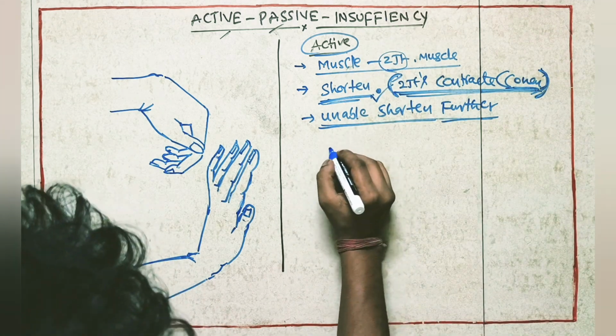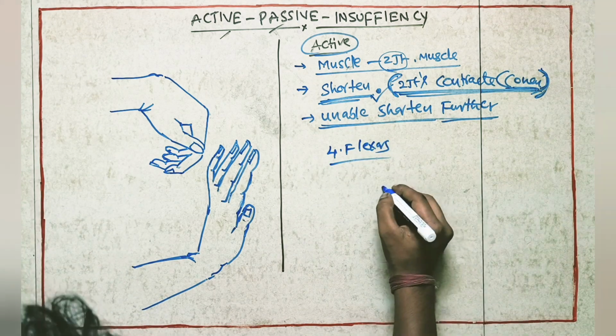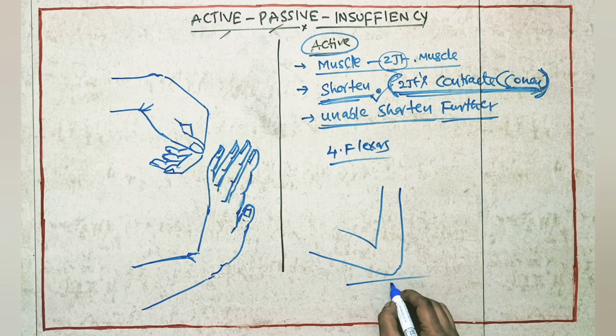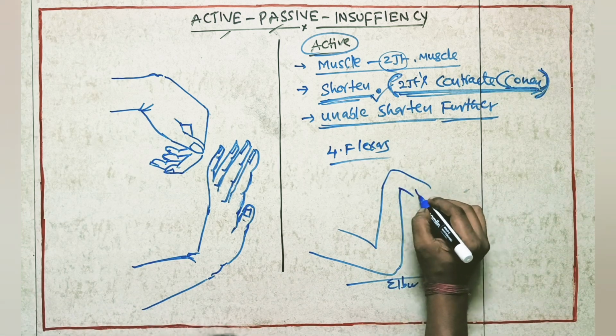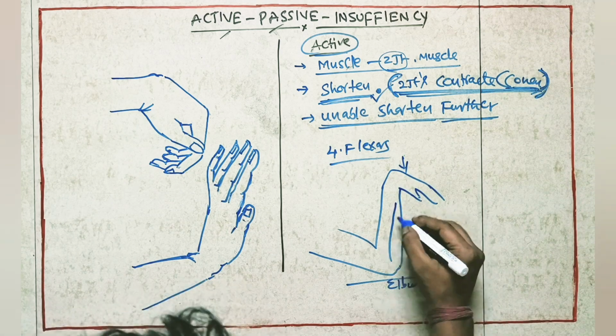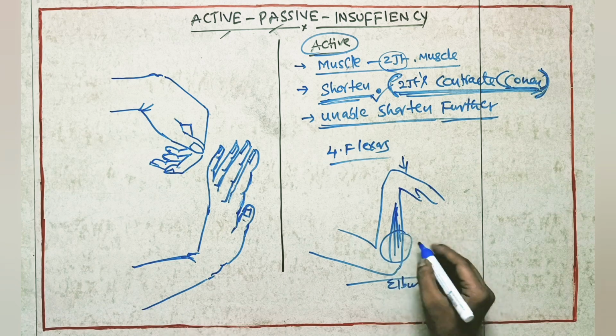Take the forearm flexors. Suppose a patient rests his elbow on the table. First, if he does wrist joint flexion, all the muscle fibers present here will go for shortening because of the wrist flexion.